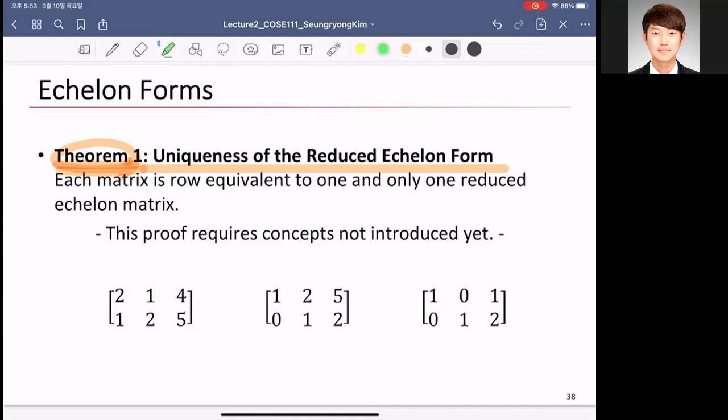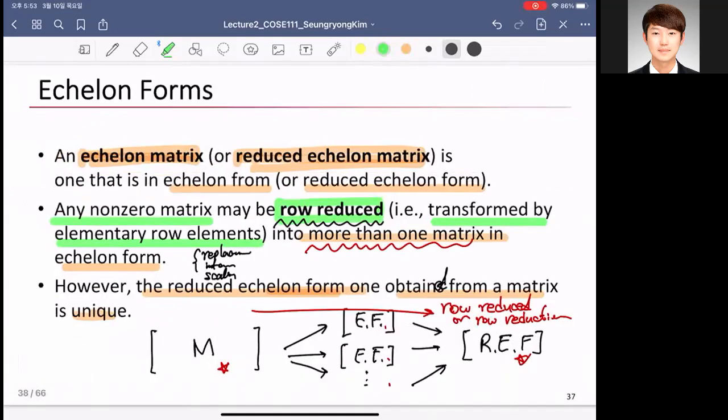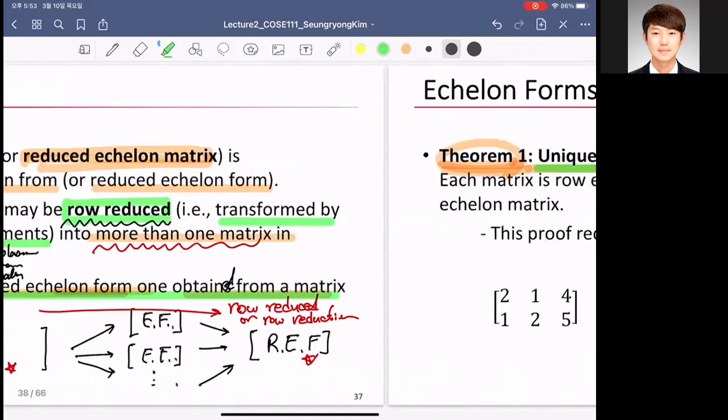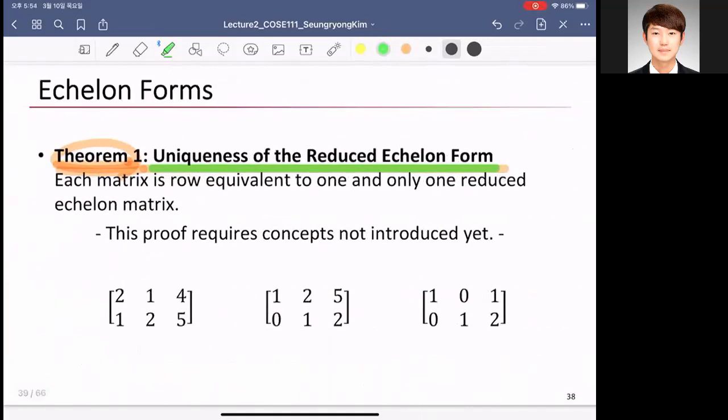So this is the first theorem, uniqueness of reduced echelon form. Okay. In previous slide, I just said that reduced echelon form, one from the matrix was unique. And here was the theorem, uniqueness of the echelon form. Each matrix is row equivalent to the one and only one reduced echelon form. So each matrix and every matrix should be reduced to single or unique reduced echelon form.